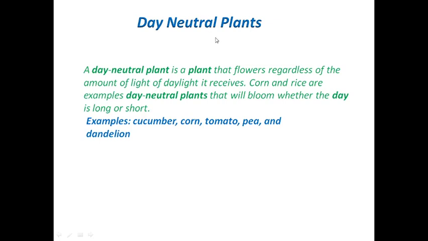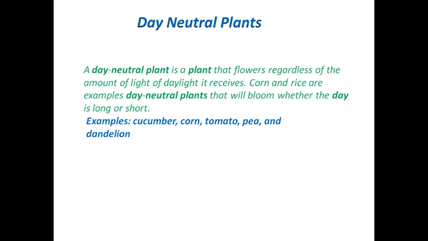And now coming to the day neutral plants. A day neutral plant is a plant that flowers regardless of the amount of daylight it receives. The photoperiod doesn't matter for day neutral plants. They flower irrespective of how much light they get, how much dark they get.